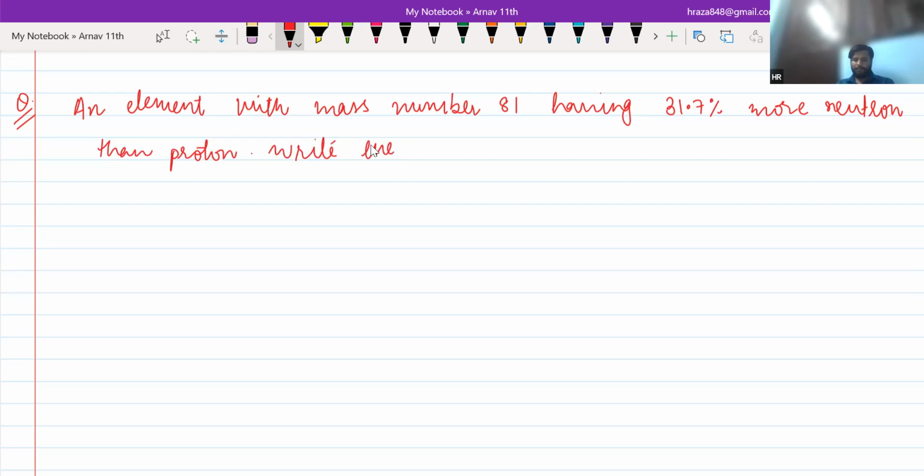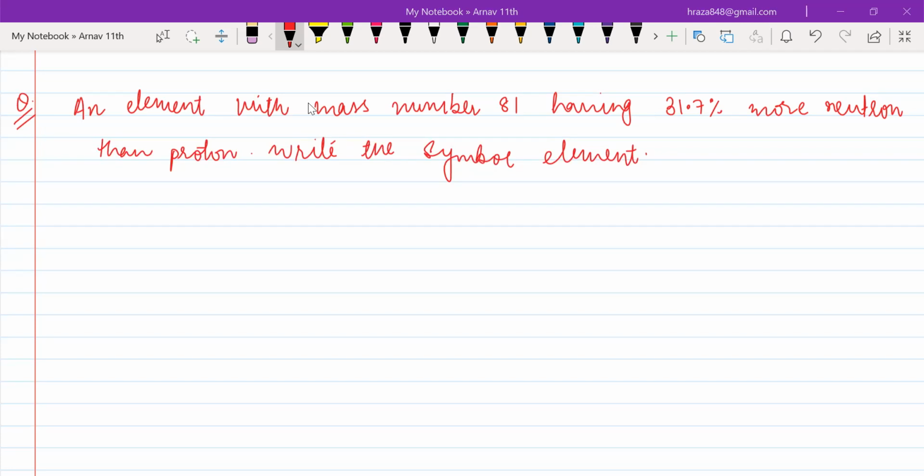Write the symbol of the element. Very easy question. If you are not able to solve it, just let me know. If you can solve it, just do it.